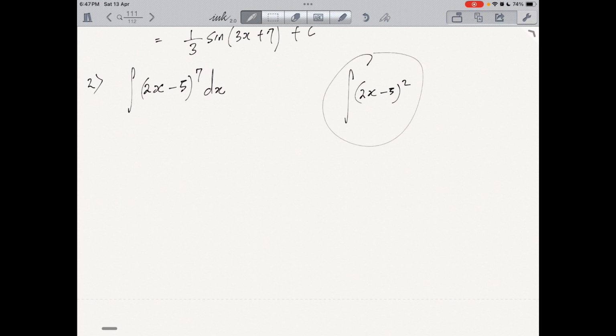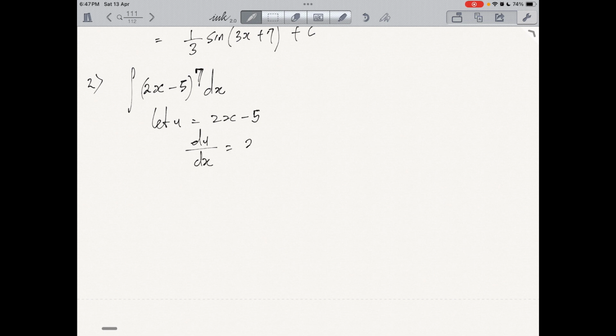But do we have to go ahead and multiply it by itself 7 times? However, we can just use the substitution method. So we say let u be equal to 2x - 5. Then we can evaluate du/dx, and that will give us 2. Then we make dx the subject, giving dx equal to du over 2.